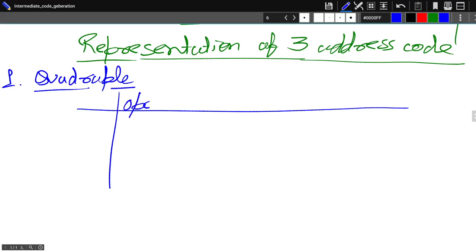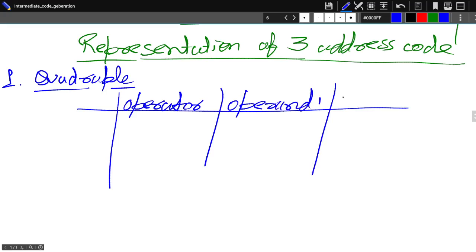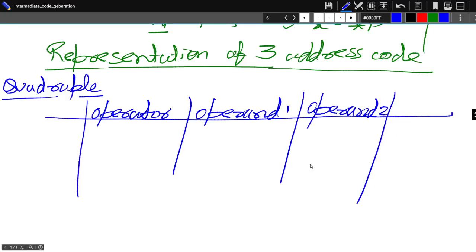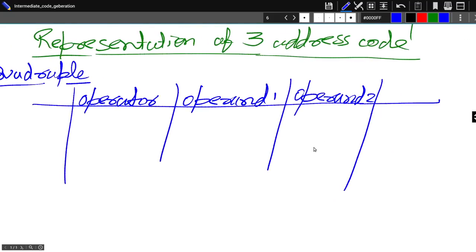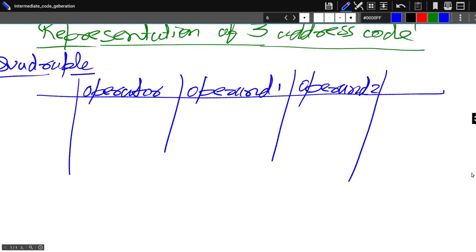Operator, operand 1, operand 2, and result.